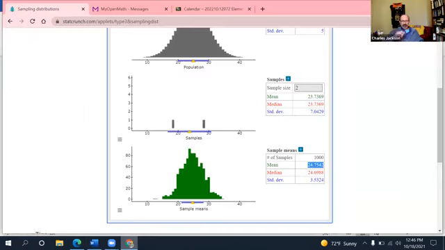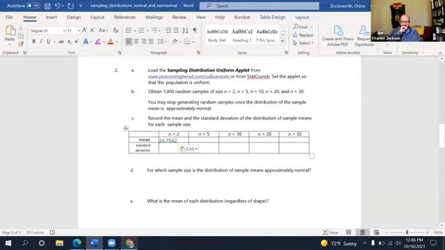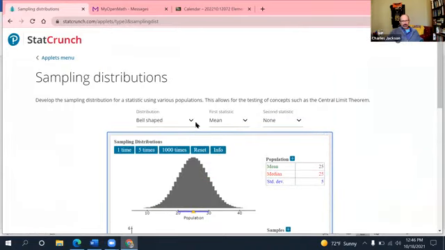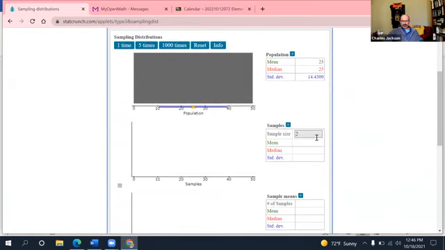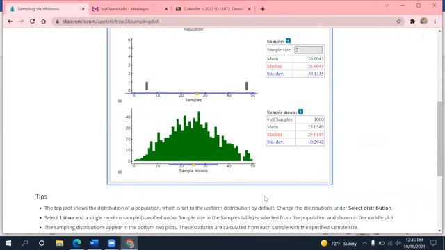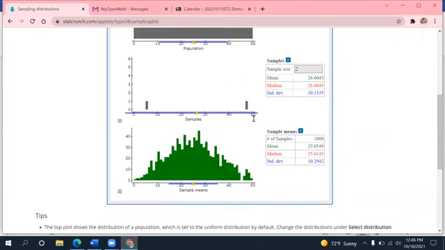Okay, now did you follow what it says there in 2A? Set the applets so that the population is uniform. Okay, that should be the right way.